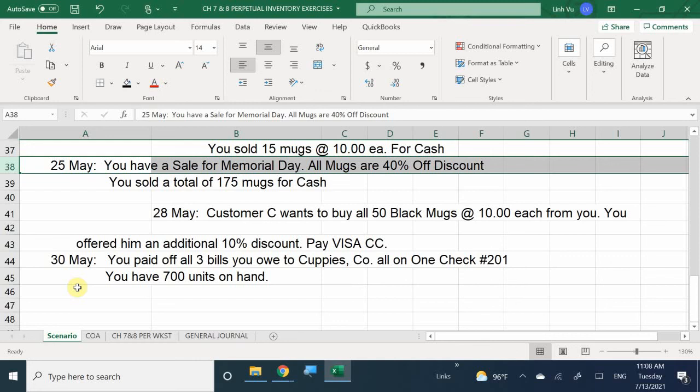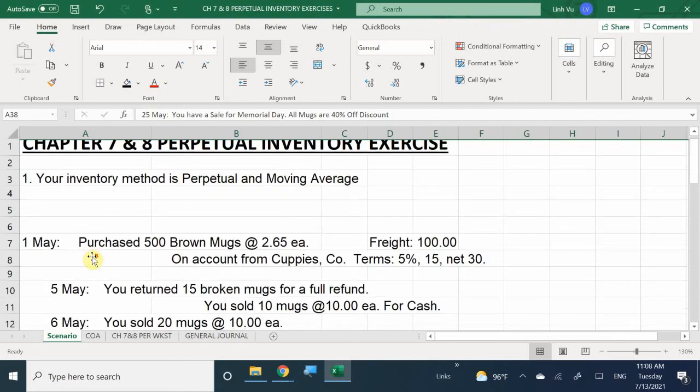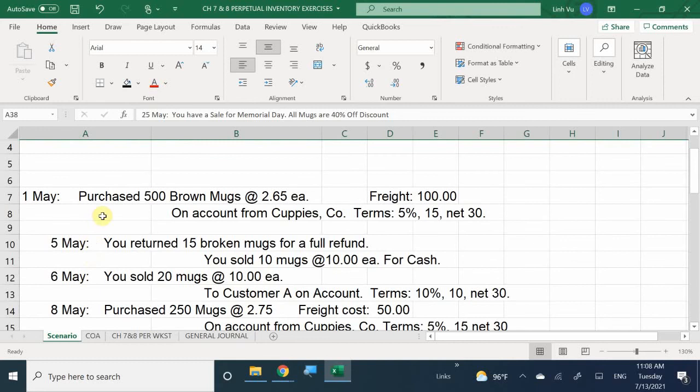So let's go over each and every single bill that we have. Starting with the first one that we made on the 1st, here we purchased a total of 500. But then on the 5th of May, we end up returning 15 of them for a full refund because they were broken.